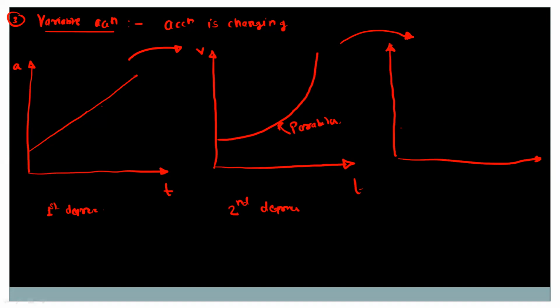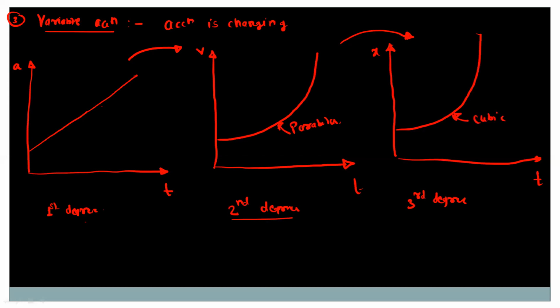Sorry, the position time graph will be a third degree curve. So third degree means this is cubic. So we will get one cubic polynomial. For a second degree curve, we will get a parabolic equation.